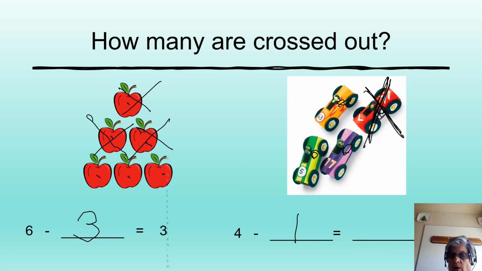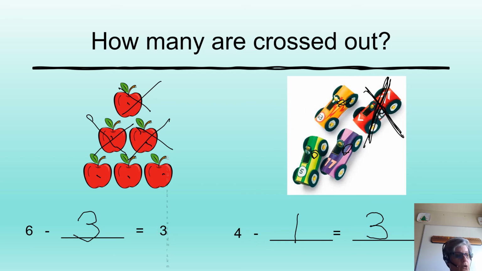We took away 1 car. And now I have to count how many are left. Let's count them. 1, 2, 3. And I'm going to write the number 3. So the entire problem says 4 take away 1 equals 3. Very good job. Actually, those problems were kind of fun.